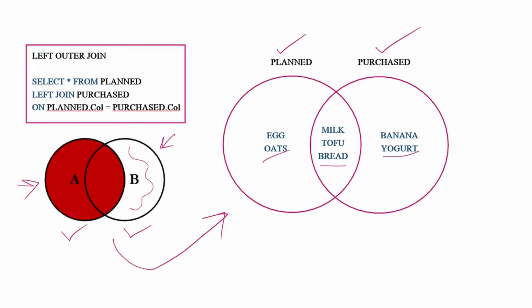Let's say you have been given a task to fetch all the records from the left hand side table, and the records are allowed from the right side table only if they are a part of the left hand side table, which is this planned table. And in order to fetch this particular output, the left join comes into the picture.